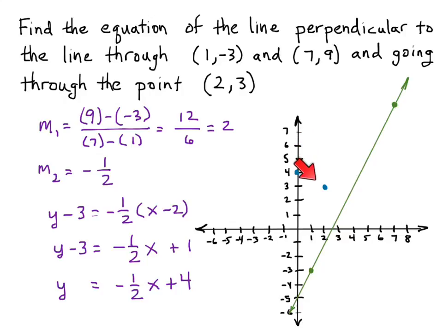That's 2, 3. And then once I get my equation, this thing down here, notice my intercept is 4. So I know that when x equals 0, the line that I'm talking about will go through the y-axis right there. And so there I have 2 points, and I can make my line, and I get this perpendicular line. And so depending on how carefully I drew this, that should look like perpendicular lines.